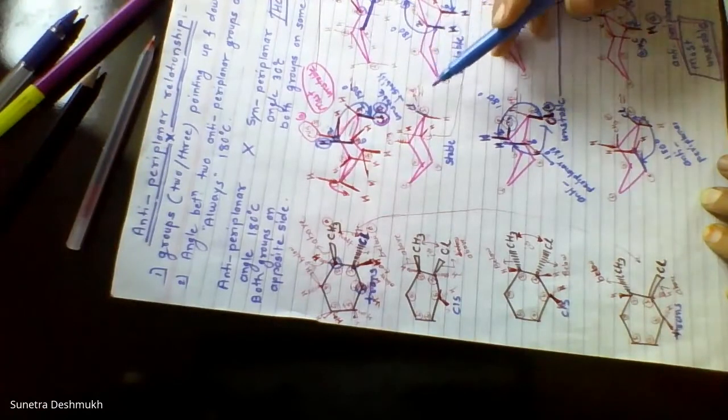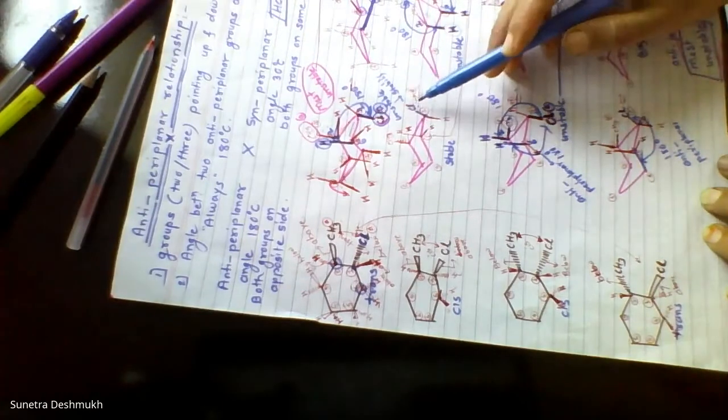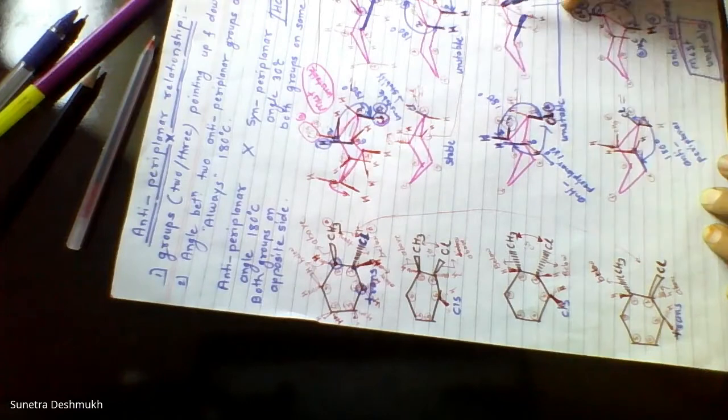Okay, now here we will figure out which one is the most stable, where the chlorine and methyl group are both equatorial, so that conformer will be the most stable.